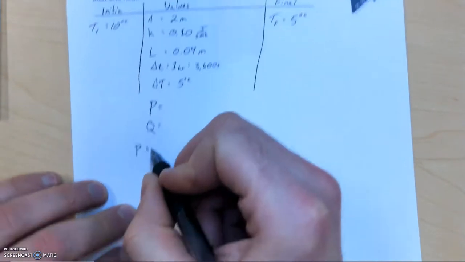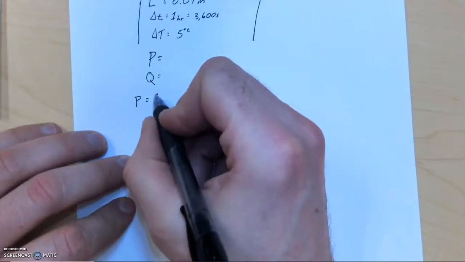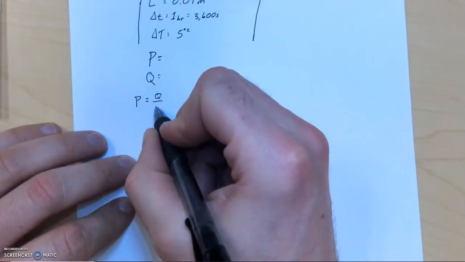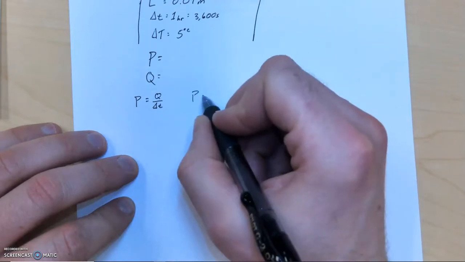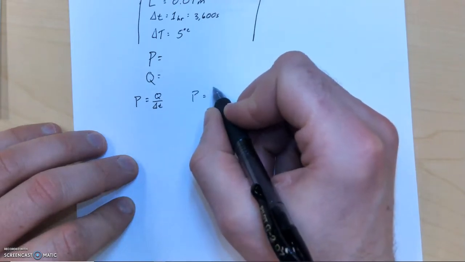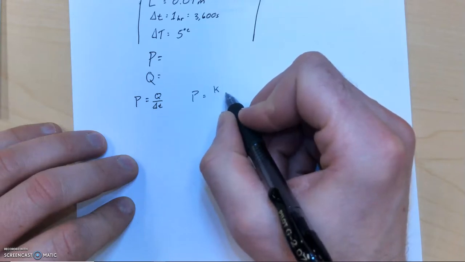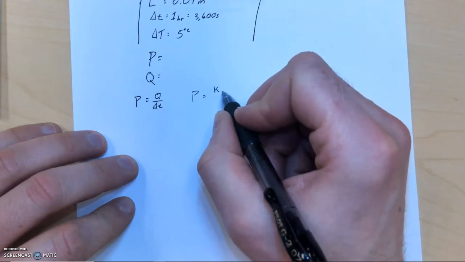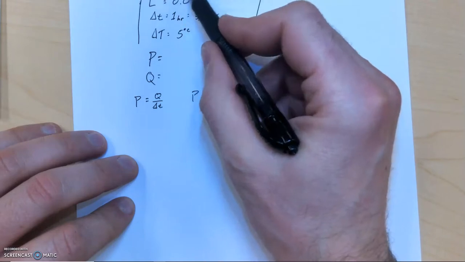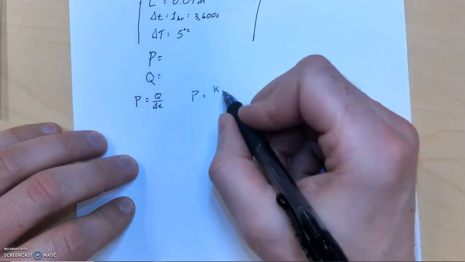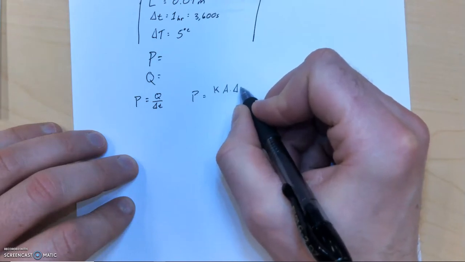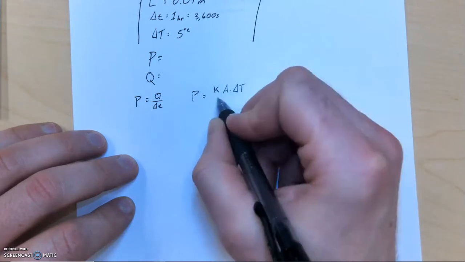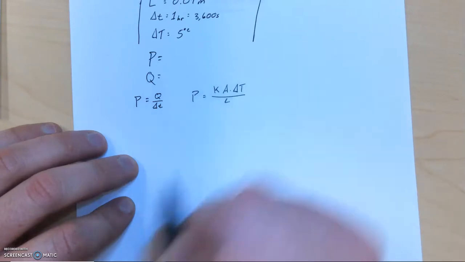P is equal to the thermal energy by the change of time, and then P is also equal to the constant, the thermal conductivity, times the area, and then times the change in temperature, and put all that over however thick the material is.